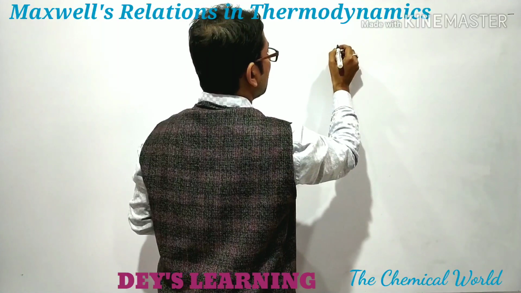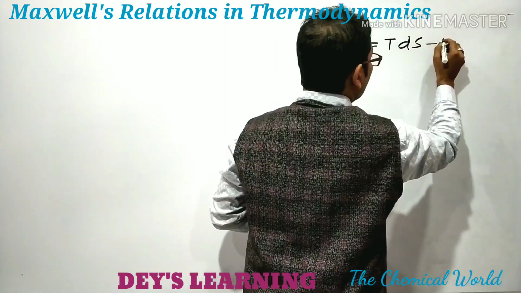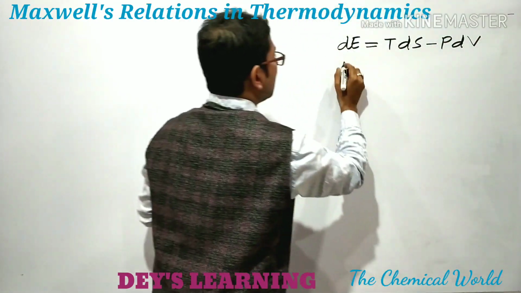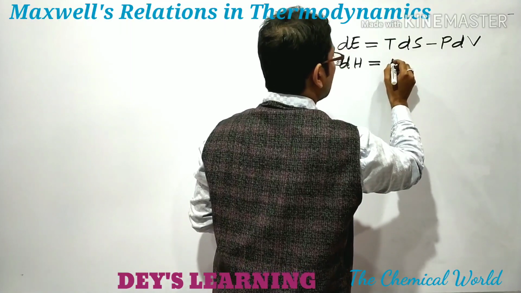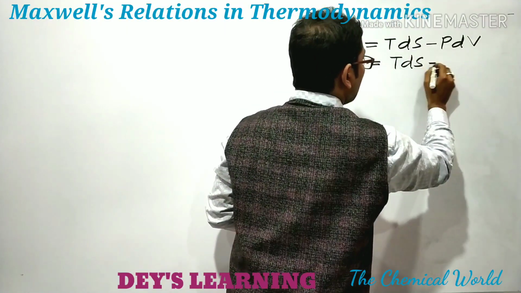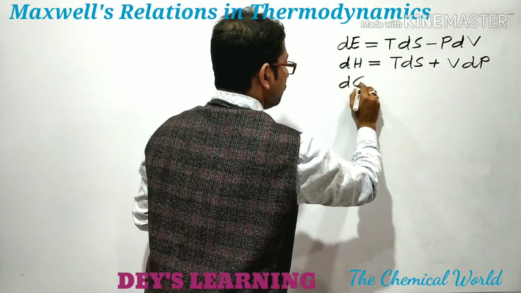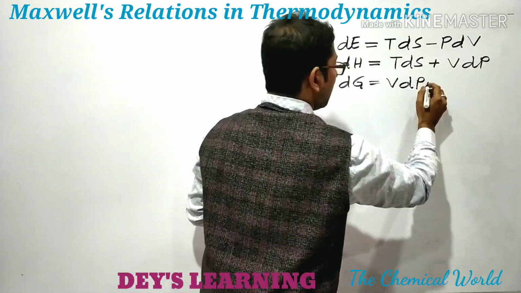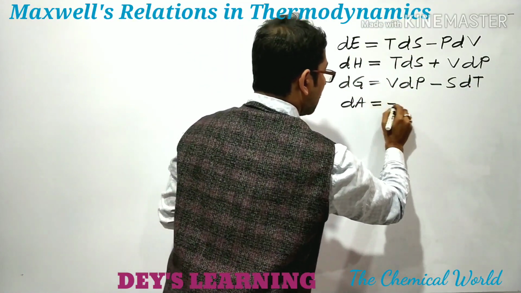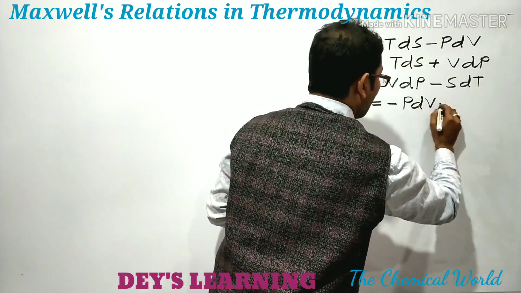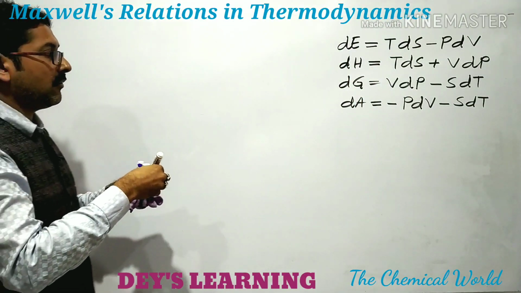The relations are dE equal to TdS minus PdV, dH equal to TdS plus VdP, dG equal to VdP minus SdT, and dA equal to minus PdV minus SdT. So these are very important four relations.